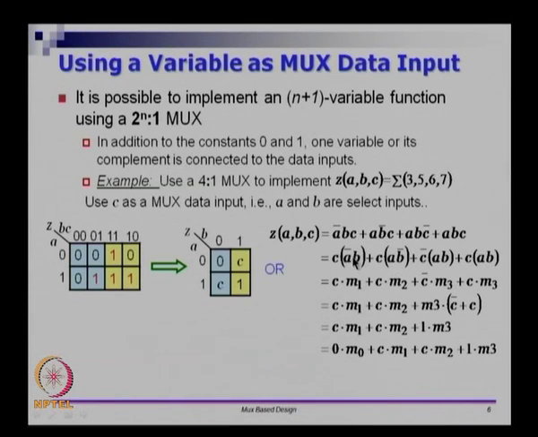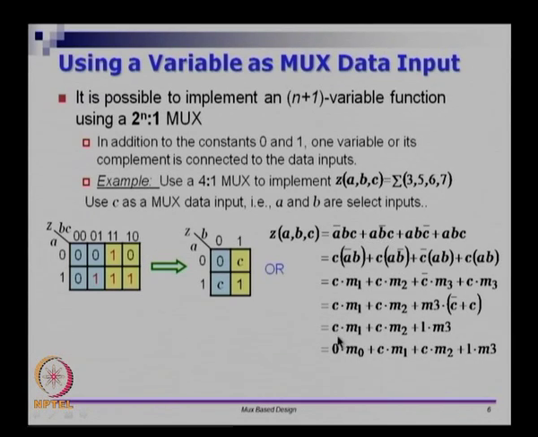Then A bar B, in terms of a 2 input setup, you can think about this as minterm 1, AB bar would be minterm 2 and AB would be minterm 3. Then you simplify that further, we can write it as C into m1 plus C into m2, then we have C bar plus C into m3, which is the same as 1 into m3.